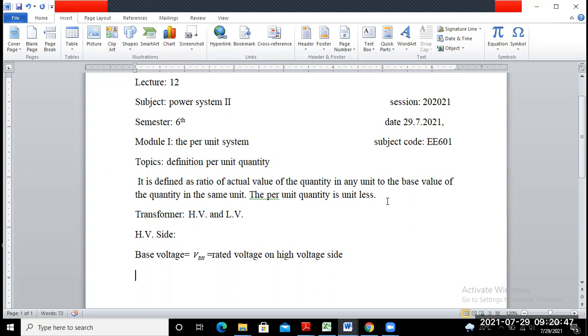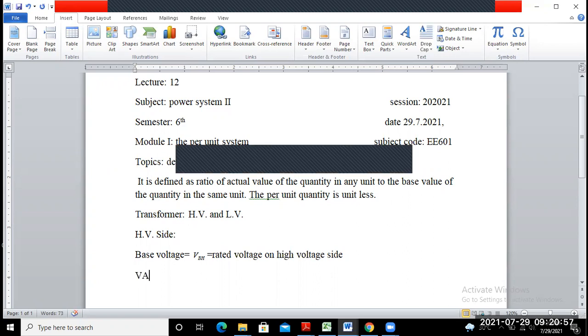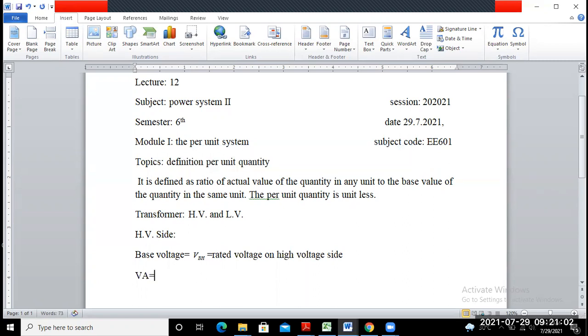It may be converted to MVA or kVA, but the main units are voltage and volt ampere, that means complex power.